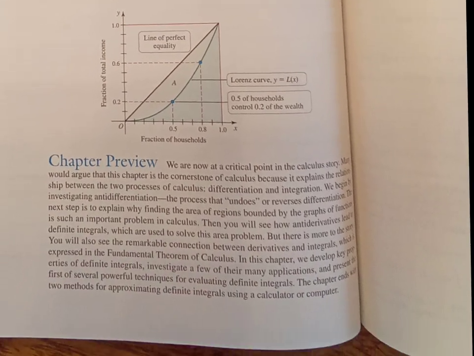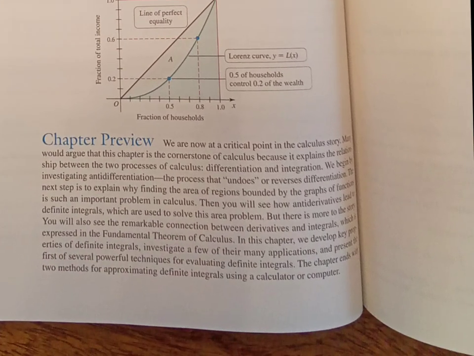So then there are some big ideas. This is a whole chapter preview, so don't get intimidated yet, but we have something called the fundamental theorem of calculus that we'll touch on. They talk about the antiderivative being a process that undoes differentiation.